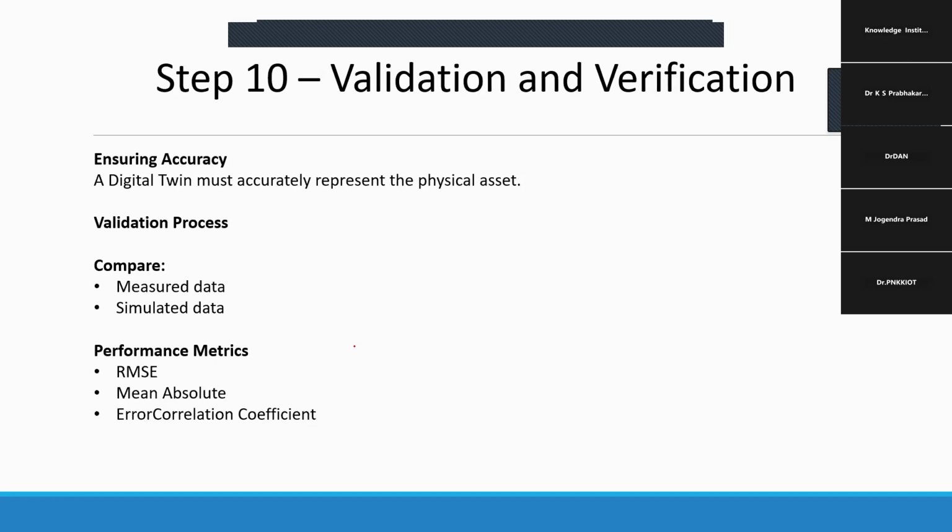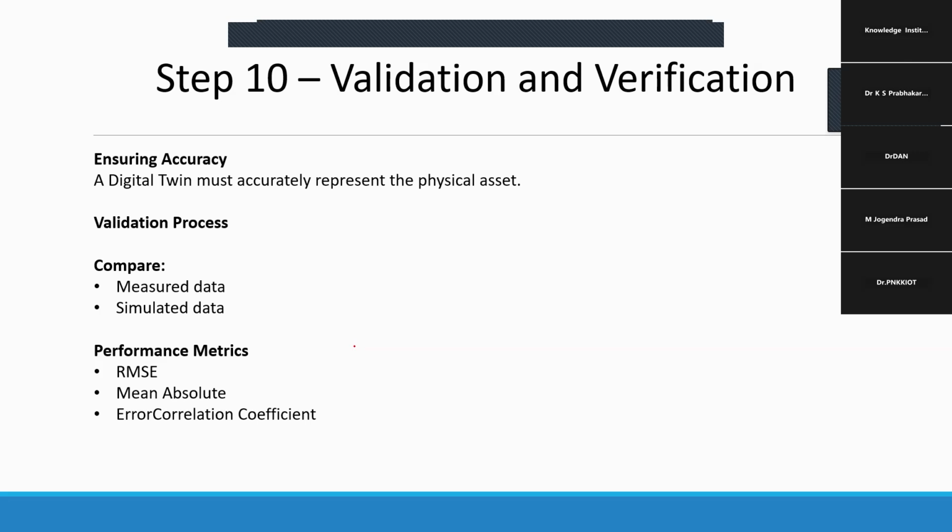Step 10 is validation and verification. Before deployment, our digital twin should be validated to ensure whether its predictions are accurate or not. This validation basically involves comparing the digital twin output with the actual measurement from the physical system.